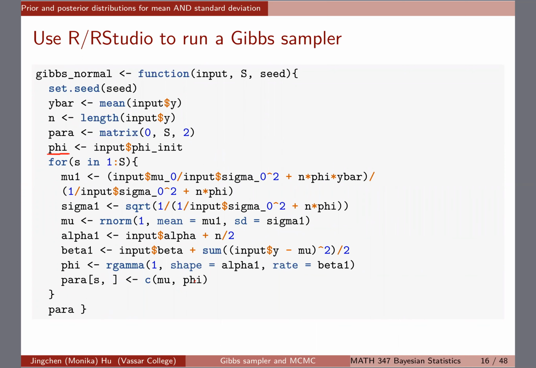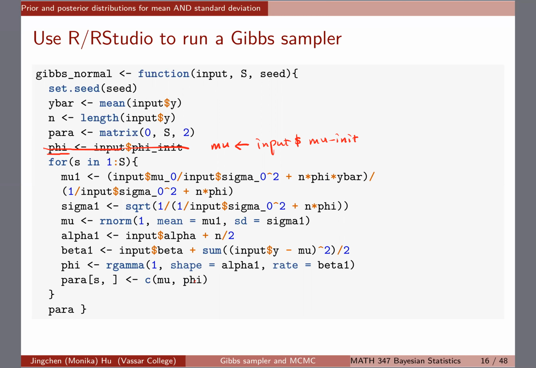So you're going to change this line to mu, and then input$mu_init. This also relates to how you'll change the input later, but in the function, this is the first thing you should change.